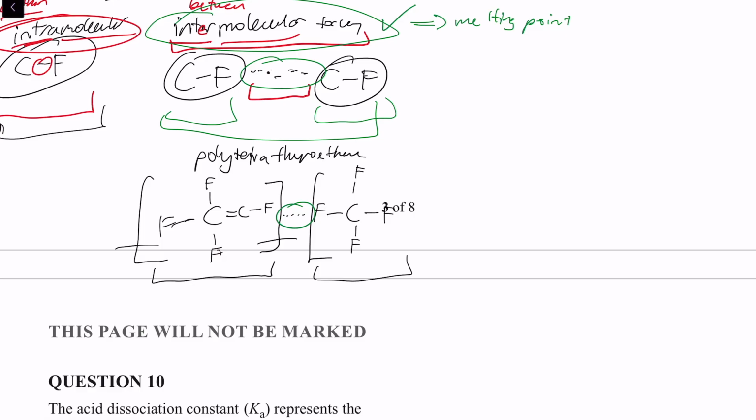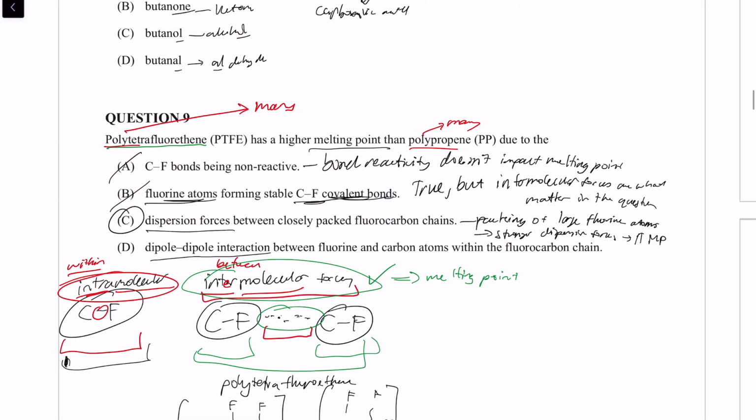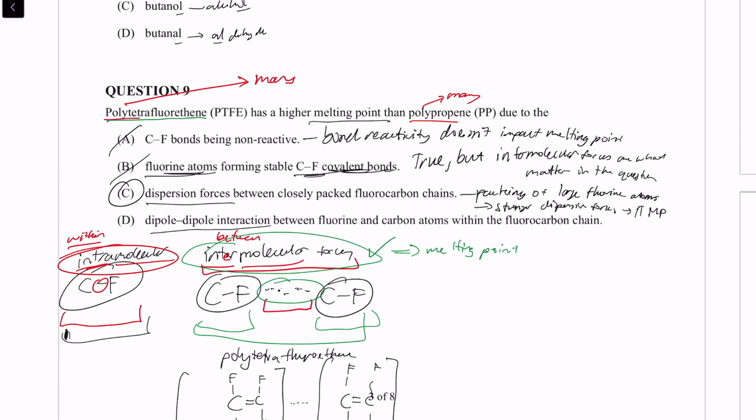So I think that's what it is. Sorry about that. I think that's the proper way because we have an ethane, which means we should have these, I believe. But either way, it's still the same meaning, about the intermolecular forces, which is why we can cross out A and B.